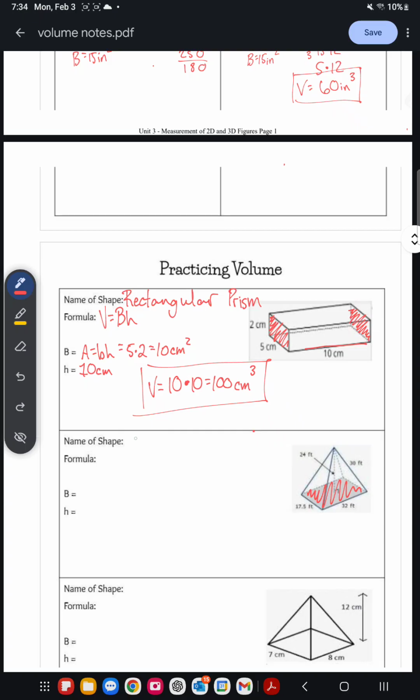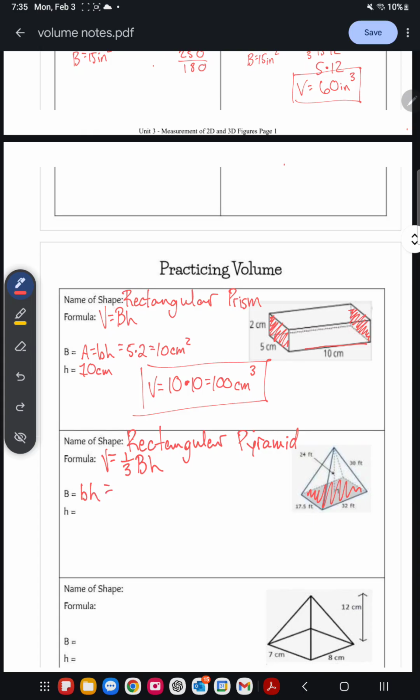The shape is a rectangle, so this is a rectangular pyramid. The equation to find the volume of a pyramid is volume is equal to 1/3 times the area of the base times the height. Area of the base, it's a rectangle, base times height.